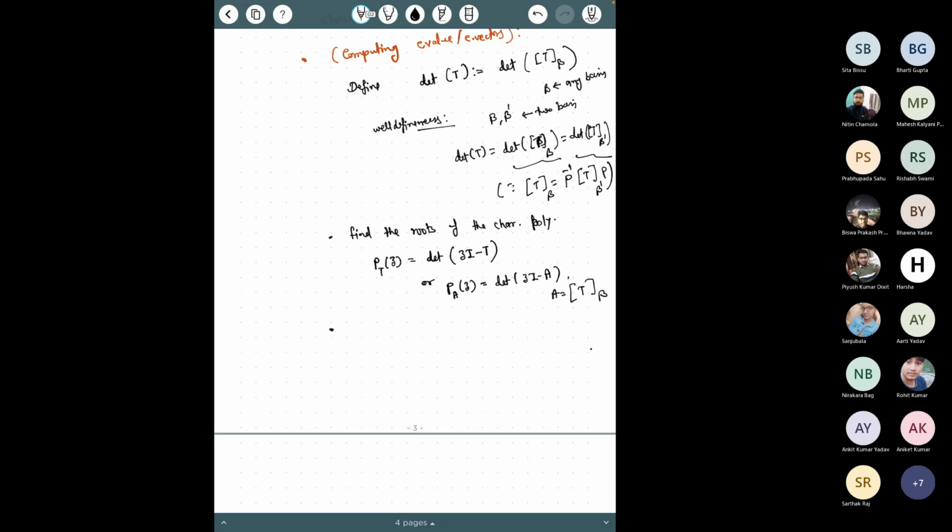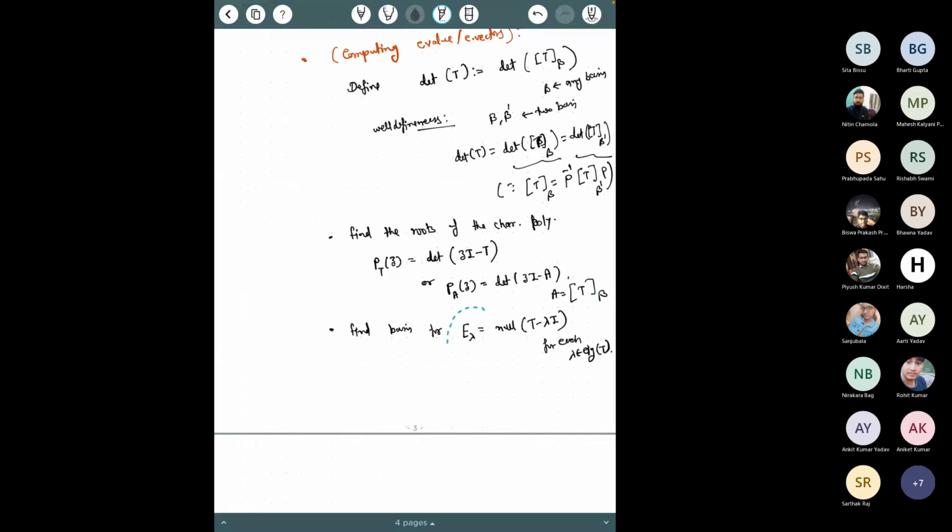This will give you the eigenvalues, and the next step is to find a basis for E lambda, that means the null space of T minus lambda I, for each lambda in the set of eigenvalues of T. So this step will give you the eigenvalues, and this step will give you the eigenvector corresponding to each eigenvalue lambda.